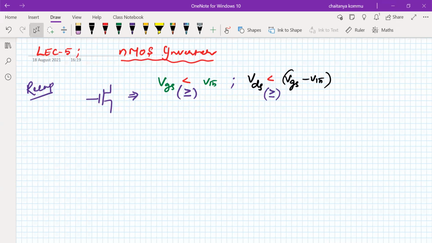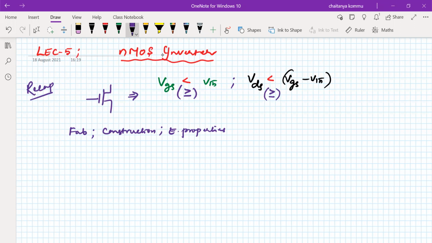We have seen the fabrication of a transistor, its construction, and its electrical properties, so we have a clear idea of the MOS transistor. Now, with the help of this known device, we want to construct a simple application called an inverter.